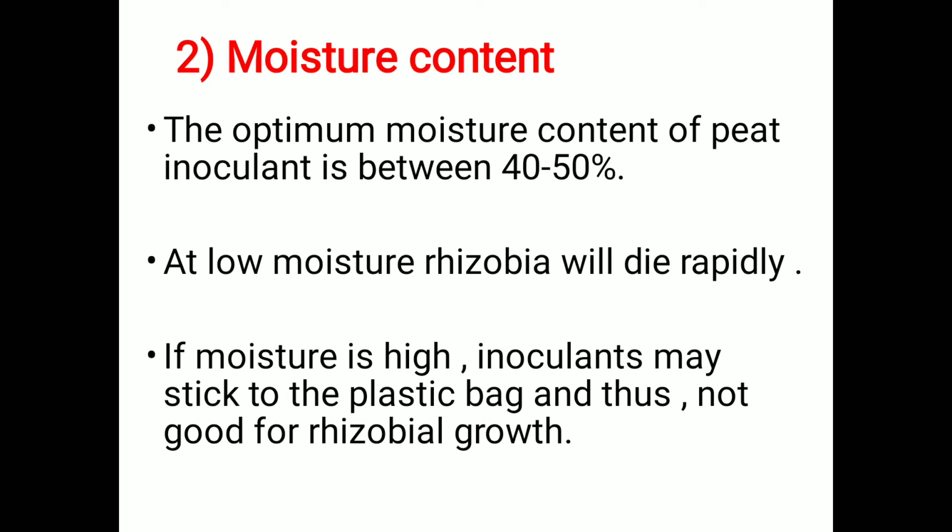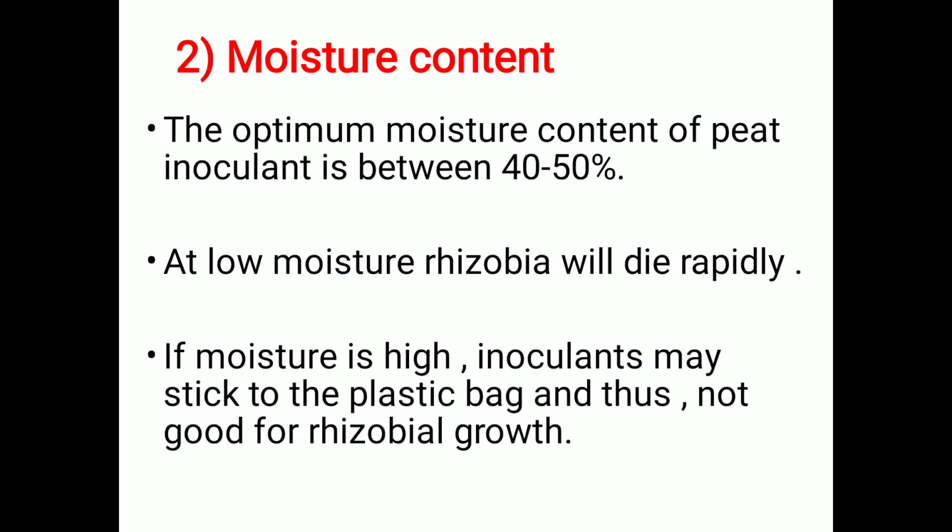Then the second one is the moisture content of that carrier. About 40 to 50% of moisture is required in the carrier, because at 40 to 50% moisture most of the inoculants, mostly rhizobium, multiply rapidly.